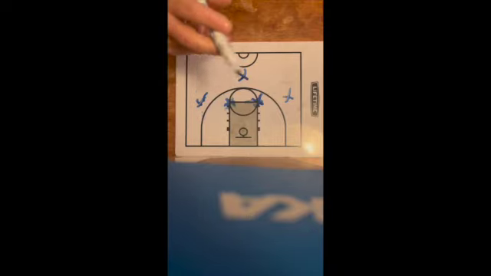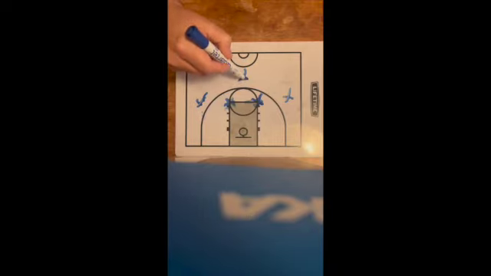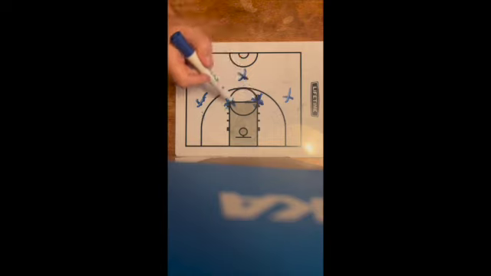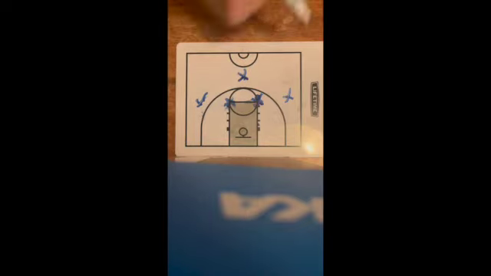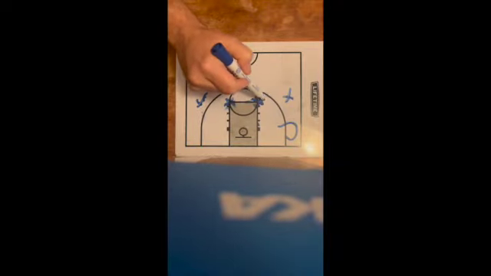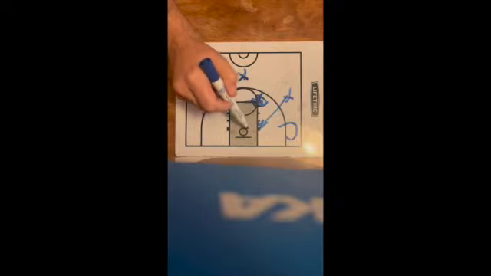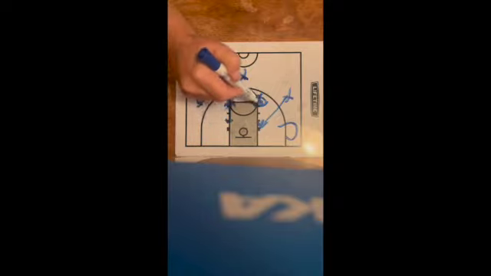Okay, so let's quiz. Ball goes here. What happens? A, a pass here. B, a pass here. Or C, we look for the backdoor pass. Did you say C? Good, good, good. We peek over our shoulder, backdoor, reverse slash to open up, potentially a shot, and then this person goes down.